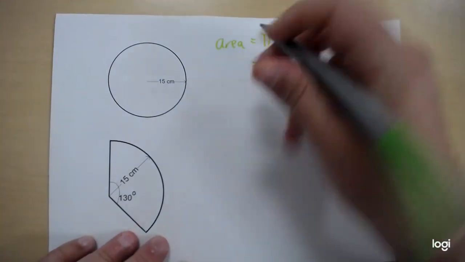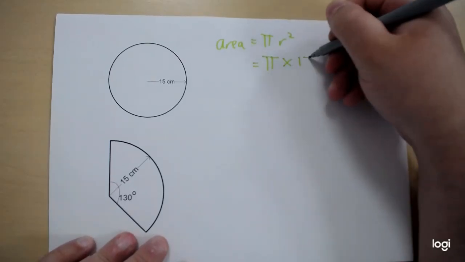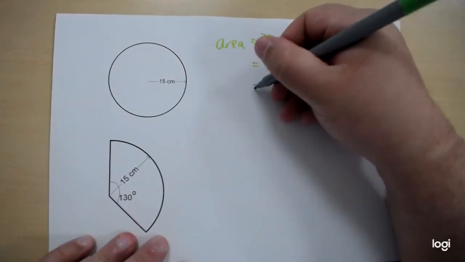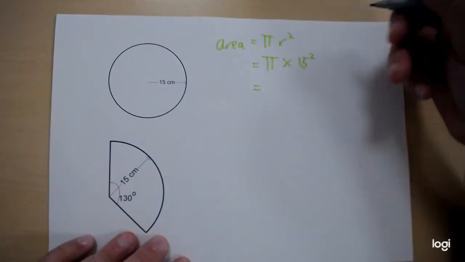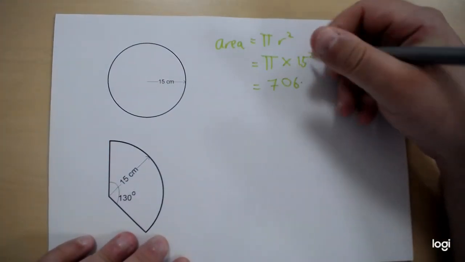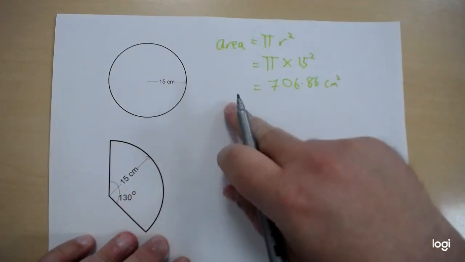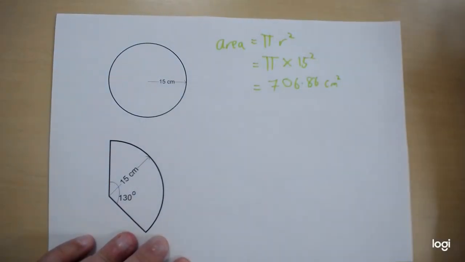So to find the area of the circle, we do pi times 15 squared. And we will get the answer 706.86 centimeters squared if we round the answer up to 2 decimal places.